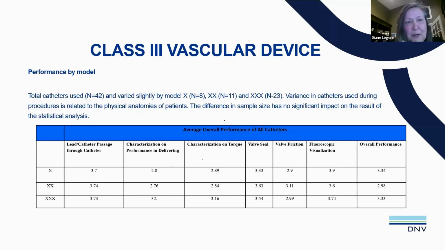Similar devices have the same safety profile, and you build that story and you justify why a simpler survey such as this one that looks at the important parts for a user, the torque, the valve seal, fluoroscopy, can be used.